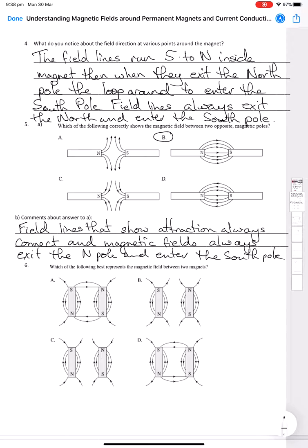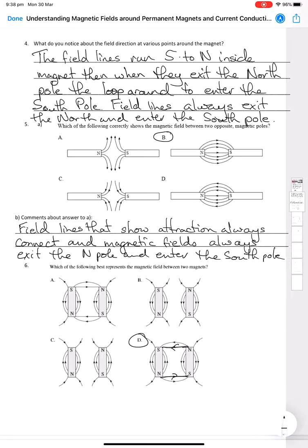All right, take a close look at number 6, remembering those rules, and see if you select the right image. I'll give you a moment. Hopefully you selected answer D, showing a connection between the fields, and that your field exited the north and entered the south in both cases.